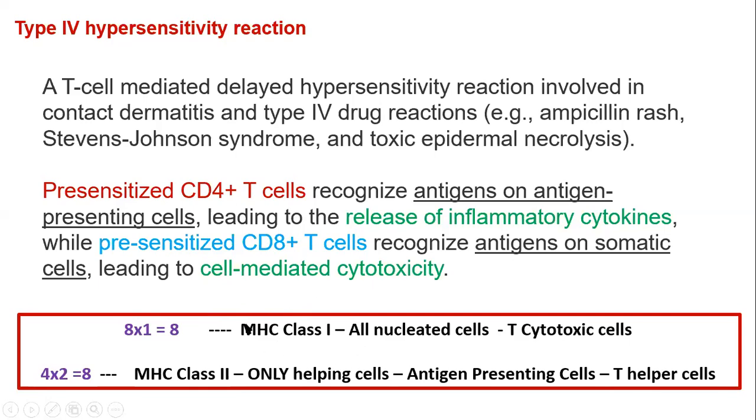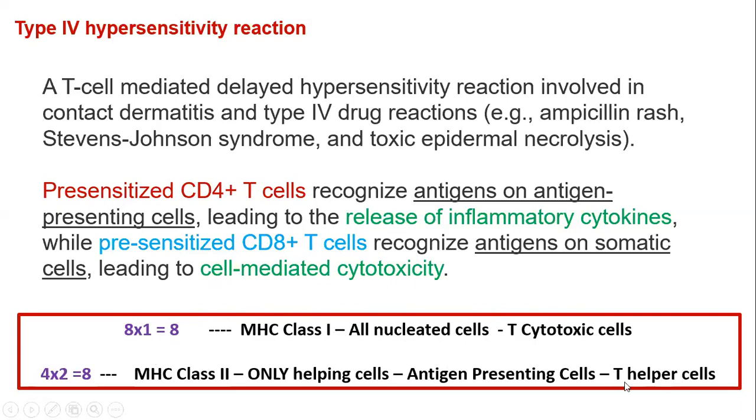If you think of class 1, we have been discussing that they are present on the top of all nucleated cells. So CD8 positive T cytotoxic cells are associated with MHC class 1, all nucleated cells. That's the typical condition of CD8 positive T cells, T cytotoxic cells.